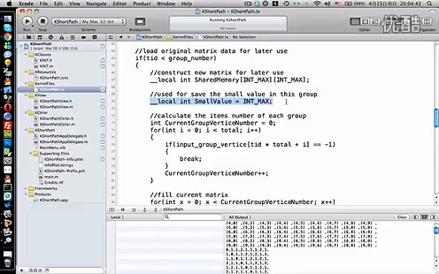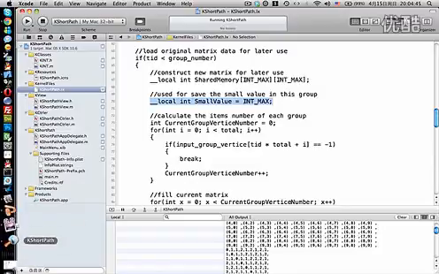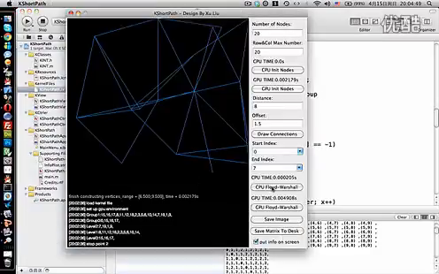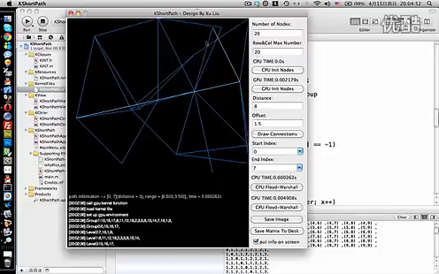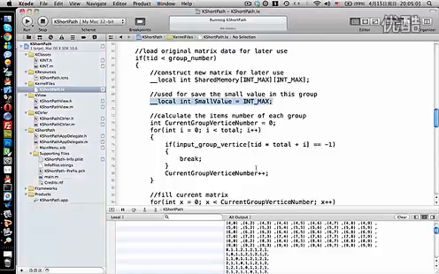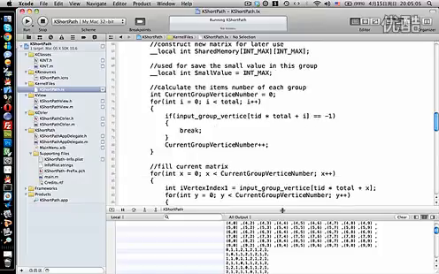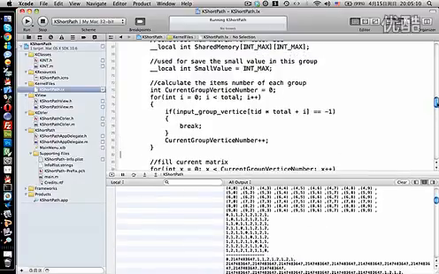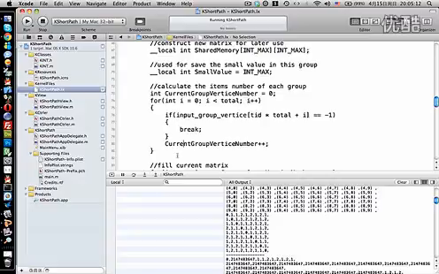That's the reason why I cannot draw the graph. Here I can use GPU to draw this line, but I cannot use GPU to do the things because I divide each group. How can I connect each group? It's a headache for me.